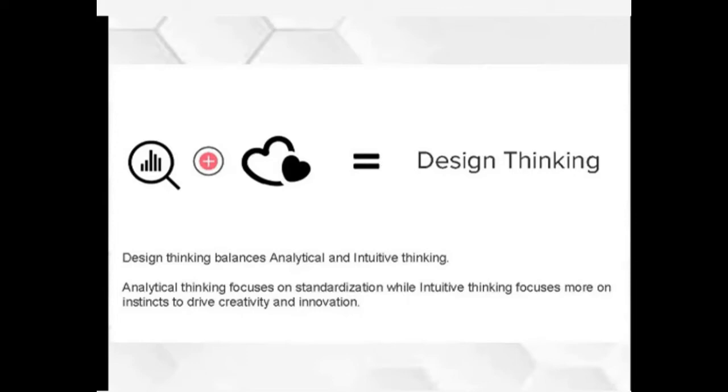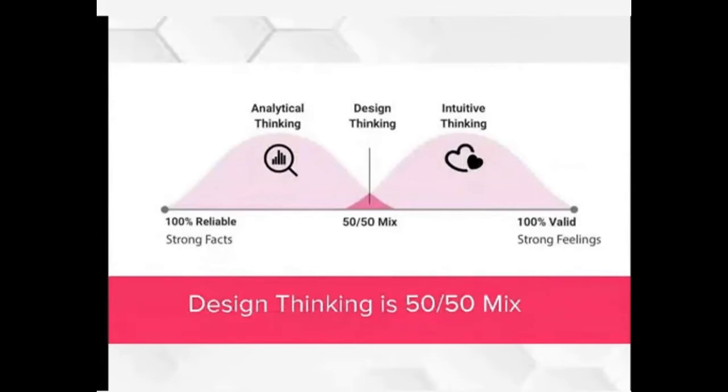Right? How smooth I should write, how much ink should flow down, how long I should be able to write comfortably with it, how to hold the pen in my pocket. All that will come under intuitive thinking. So design thinking is a balance of both analytical thinking and intuitive thinking. If you design purely on analytical thinking, your product is 100% reliable, and you can do this only if you have strong facts.